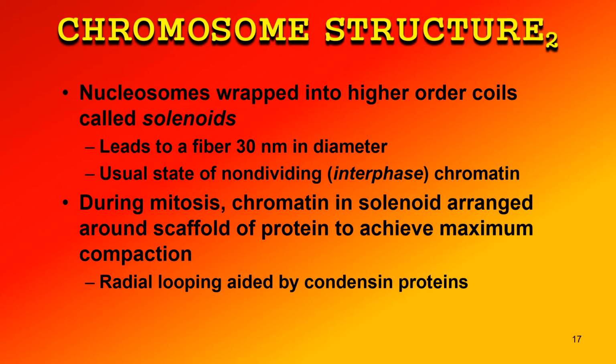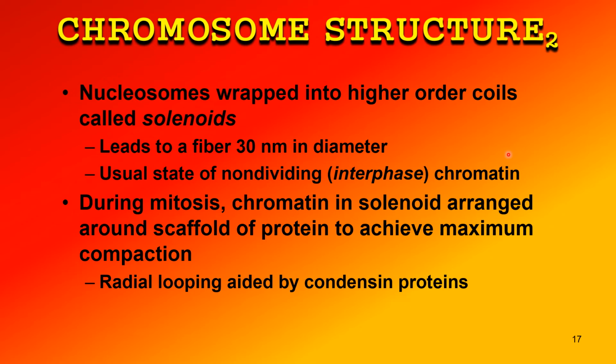Okay, so these nucleosomes are wrapped in higher order coils. We call them solenoids, and I'm going to show you a diagram in a minute. And so when you look at a cell that is not actively dividing, we call the phase interphase, and we call that interphase chromatin.